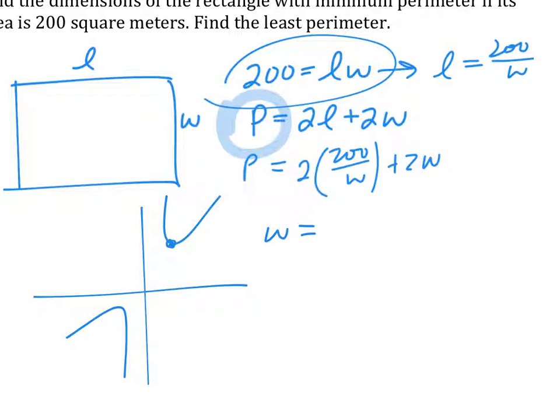So when W is 14.14, but also you can think about it logically. The smallest possible perimeter is when this shape is a square, because as one length gets longer, even if you try to keep it the same area, the perimeter is still too big. So basically, it's going to be square root of 200. So 10 root 2.